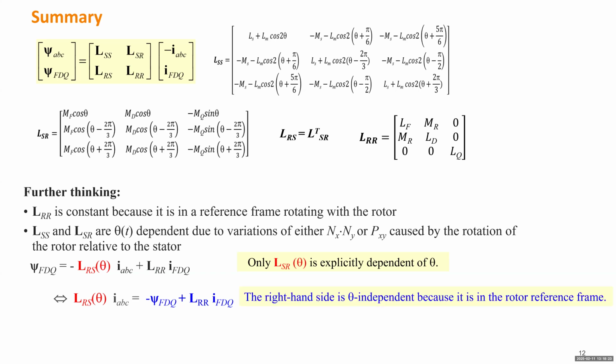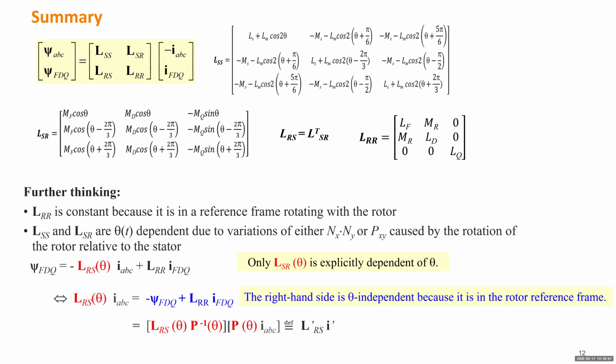For instance, maybe we can introduce some transformation. The transformation is theta dependent, but this theta dependency will cancel the theta dependency of this LRS. So at least for the right-hand side of the equation, this is completely feasible, right? We just need to figure out what transformation we can utilize to cancel the explicit dependence on theta.